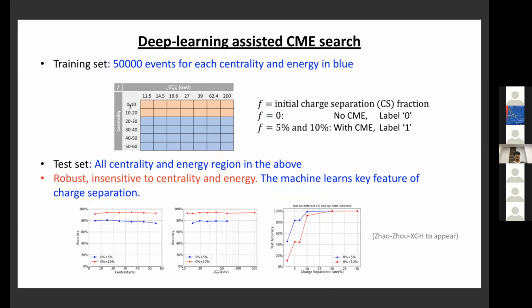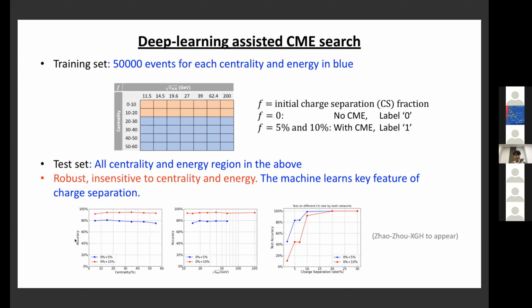So for each centrality and each colliding energy, we generate 50,000 events for the training. And after the training, we test the machine using randomly produced events. So here I show you the result.